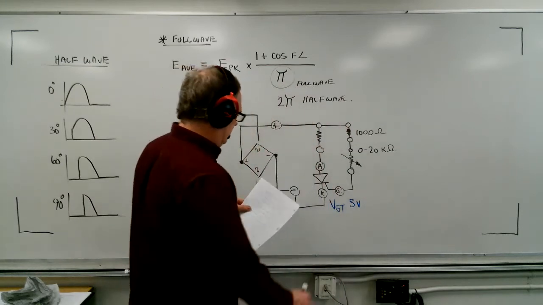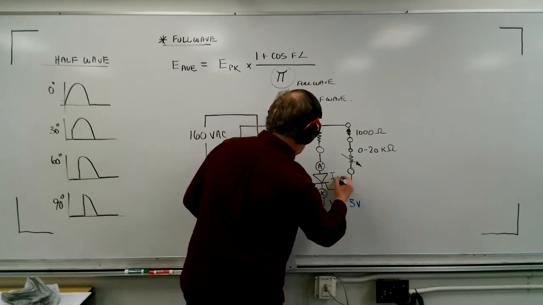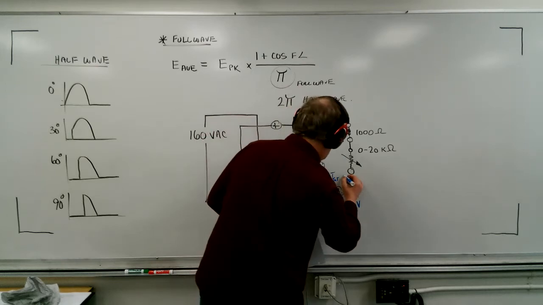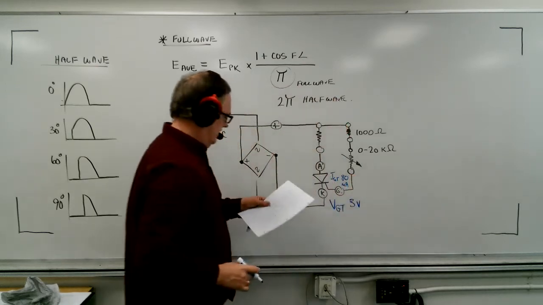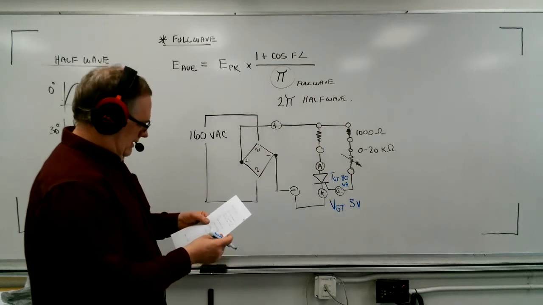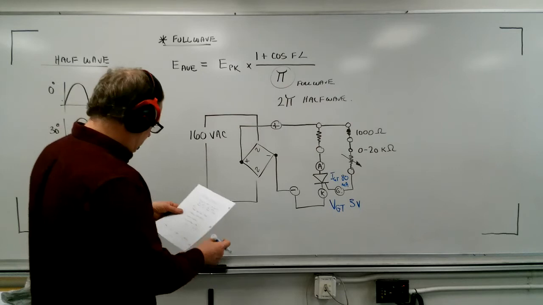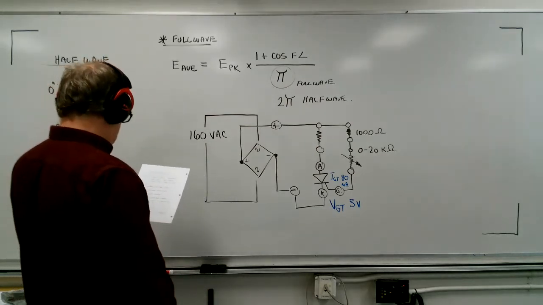And the current, IGT, so the current that it takes to actually trigger this is 80 milliamps, okay? 80 milliamps. And I think that's about all we need. We can carry on now and answer some questions about this.